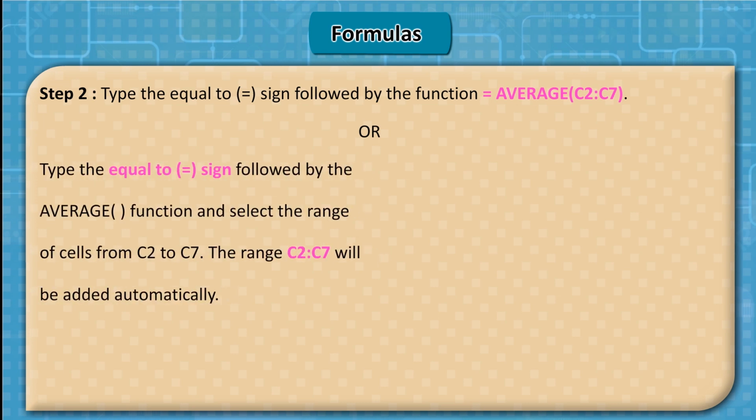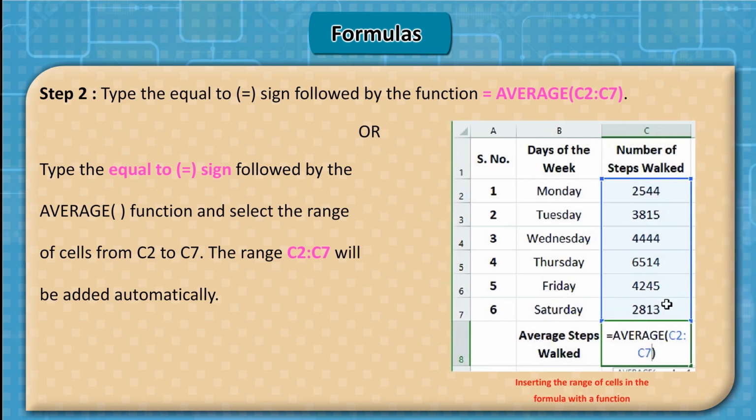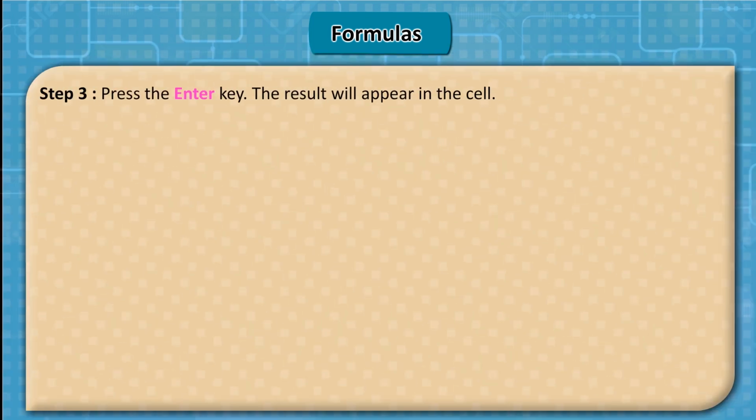Or type the equal sign followed by the average function and select the range of cells from C2 to C7. The range C2:C7 will be added automatically. Inserting the range of cells in the formula with the function. Step 3. Press the Enter key. The result will appear in the cell.